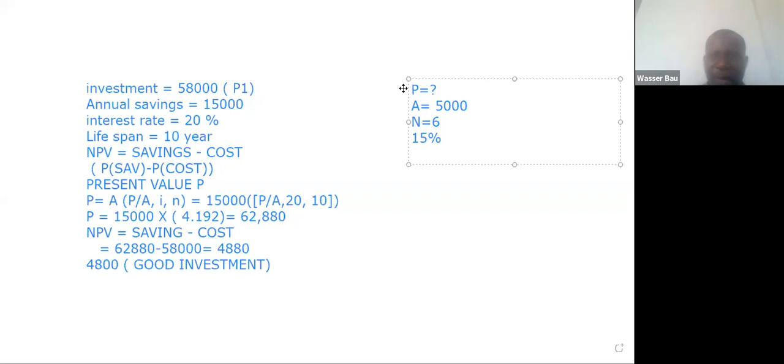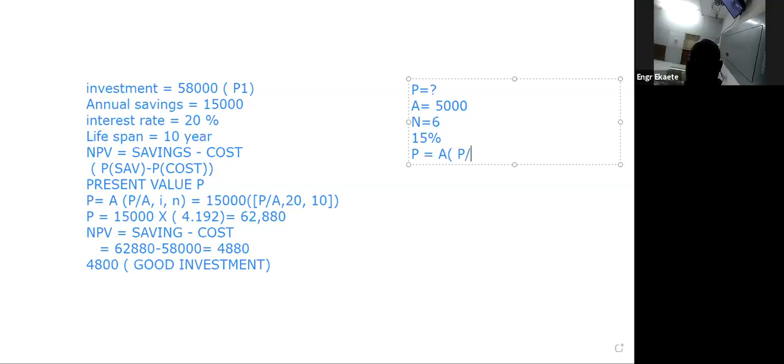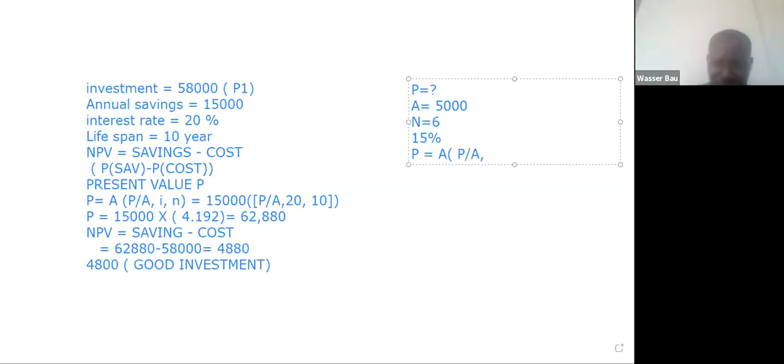So the formula again is the same. P is equal to A into (P/A, 15%, 6 years).